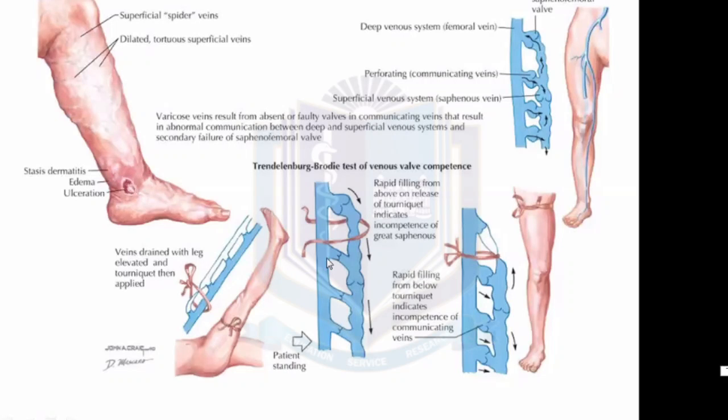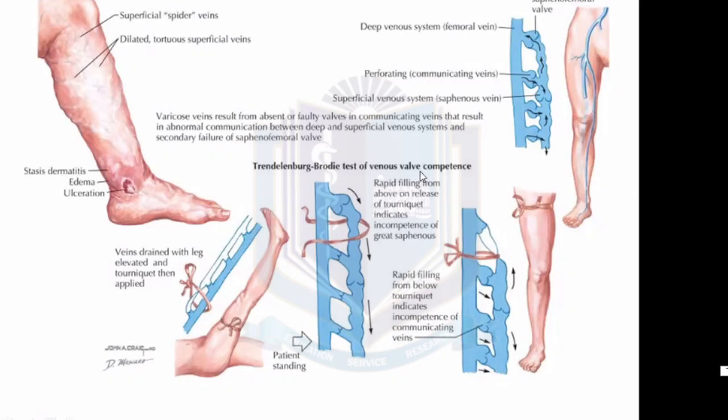And the patient is again made to stand up. If the incompetence of the valve is above the level of the ligature, the swelling will occur. But if we open these ligatures one by one, we can check the level at which the valves are not functioning properly, and the veins would become enlarged or filled with blood. So this is the Trendelenburg's test.